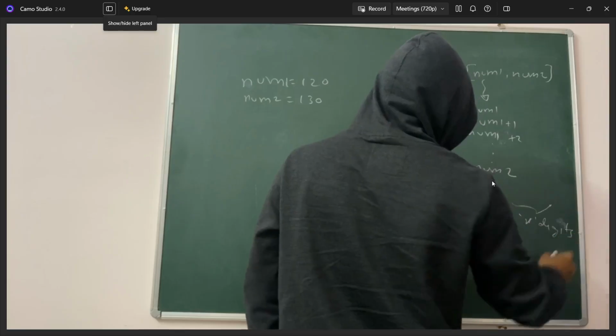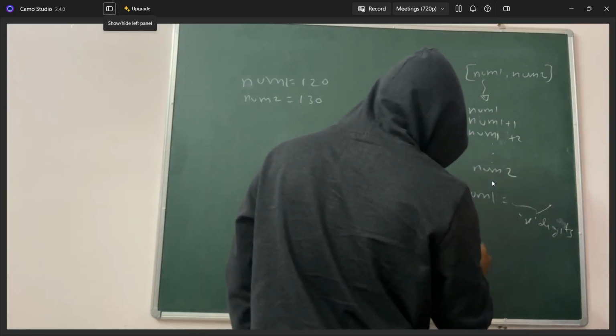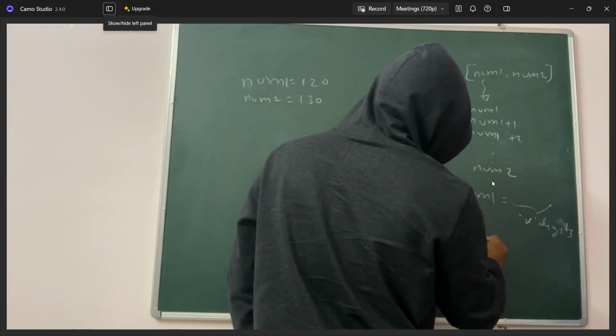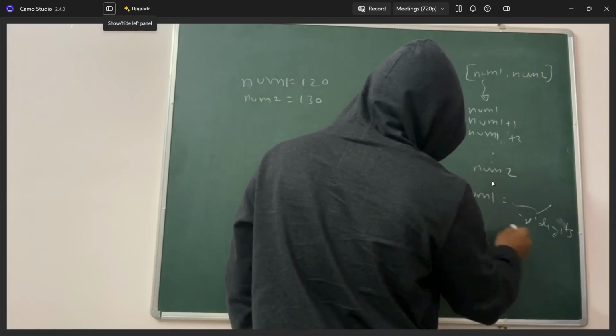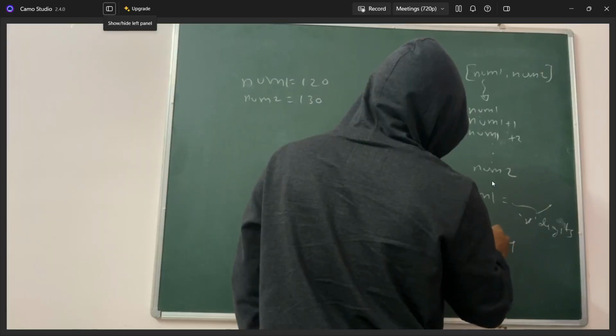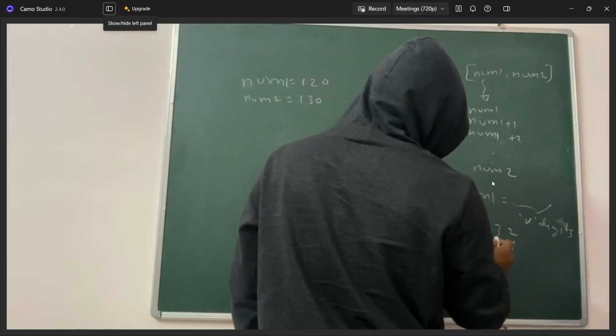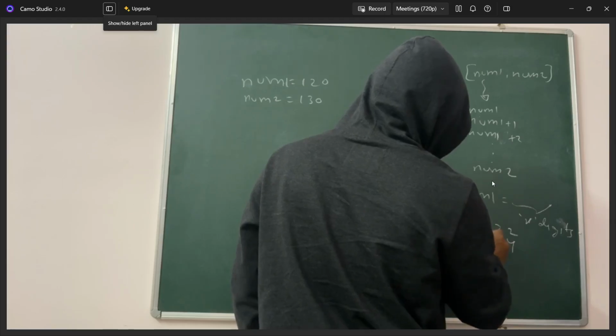When you take such a number, let's say it has x digits: the 0th digit, first digit, second digit, third digit, fourth digit. Let's say the number is 5, 4, 1, 3, 2, and this is the 0th digit, this is first, second, third, and fourth.